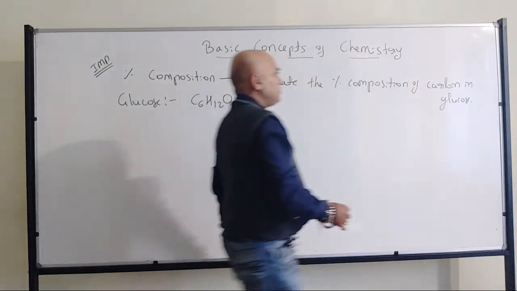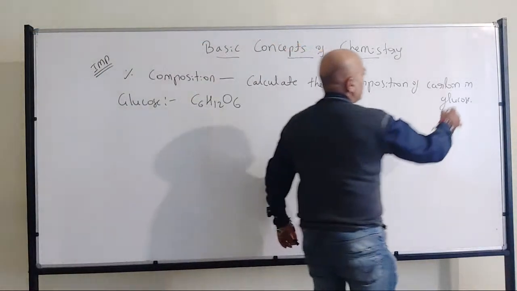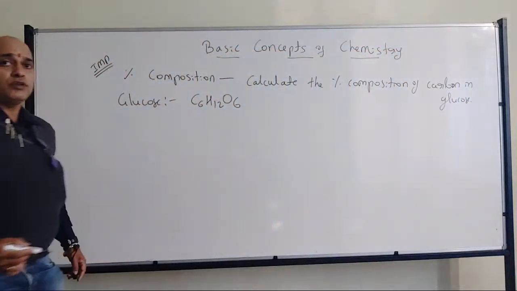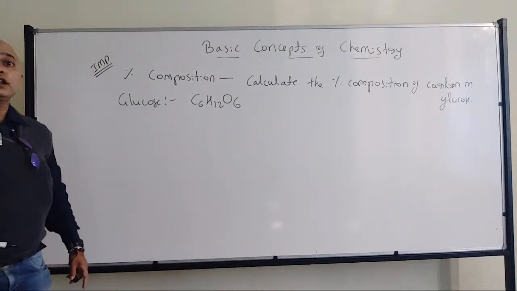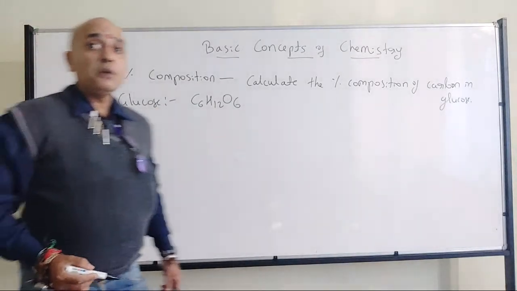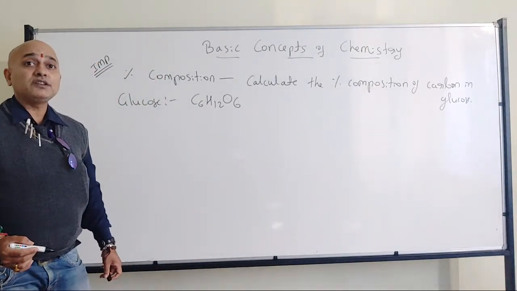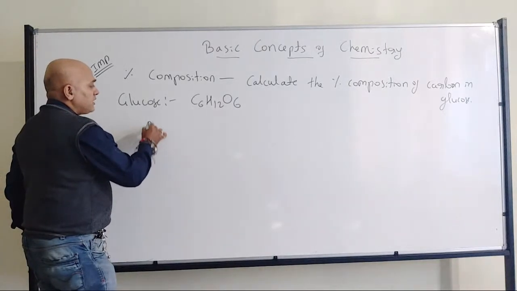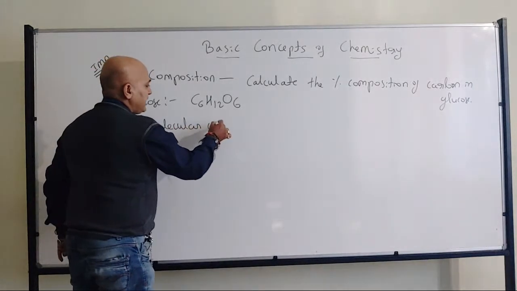So that will be the question. Now first we have to know the molecular formula. We should write the molecular formula, that is C6H12O6. Now, according to this formula, what will be the molecular mass or molecular weight?